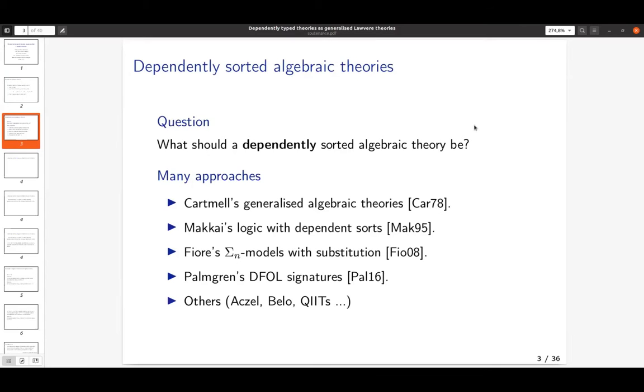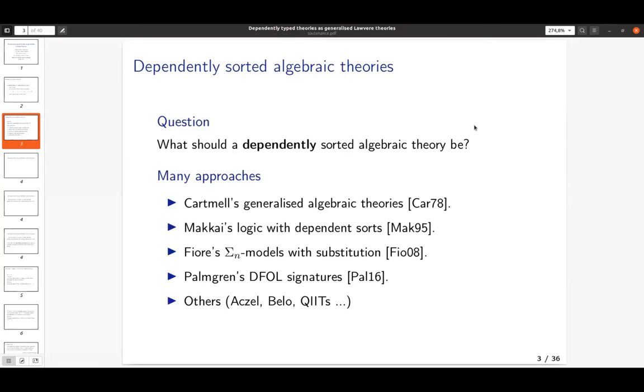There is a question that has been worked on for a long time, for decades, I suppose more than 40 years now, which is: how does one take this definition and think of it in a context where sorts can depend on one another, where one sort can depend on another? So what should a dependently sorted algebraic theory be?